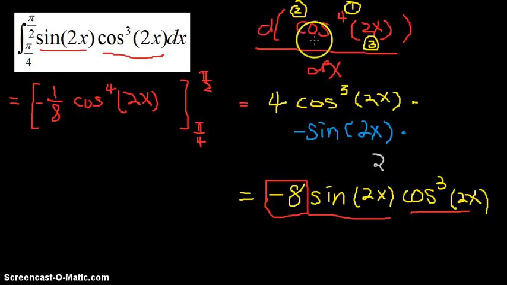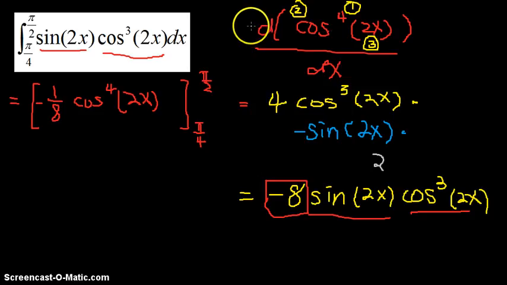Ultimately I'm looking for something that when I differentiate, will give me this sine 2x cosine cube 2x. You can use the trig function with the higher power as a starting point most of the time.